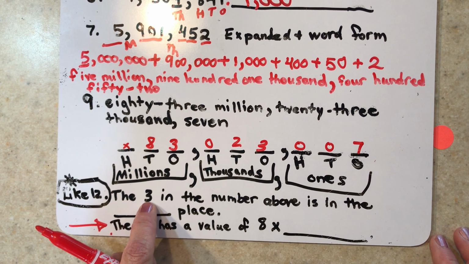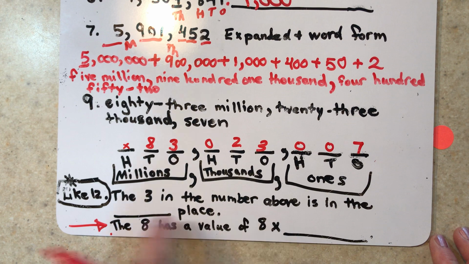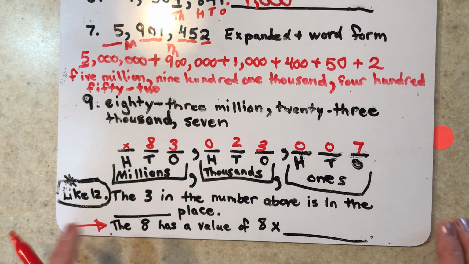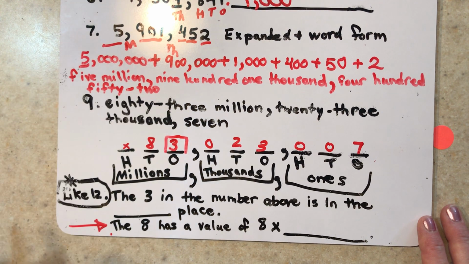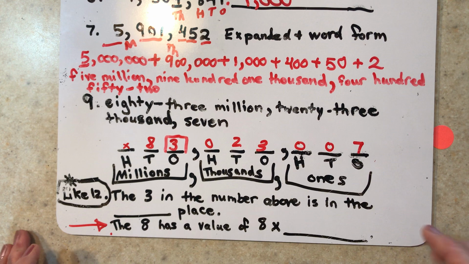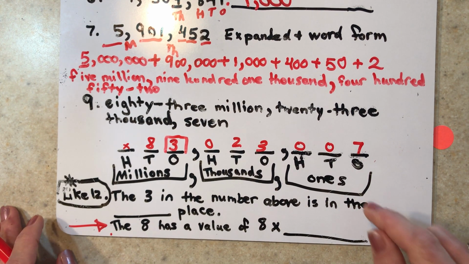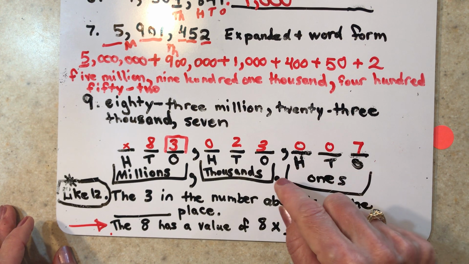The 3, oh boy, there's more than one, in the number above is in the blank place. Let's use this one. So if someone asked you, the 3 in this number is in the blank place, if you had a label array, that's easy. Otherwise you'd go across and figure it out. Ones, tens, hundreds, now I'm in the thousands.